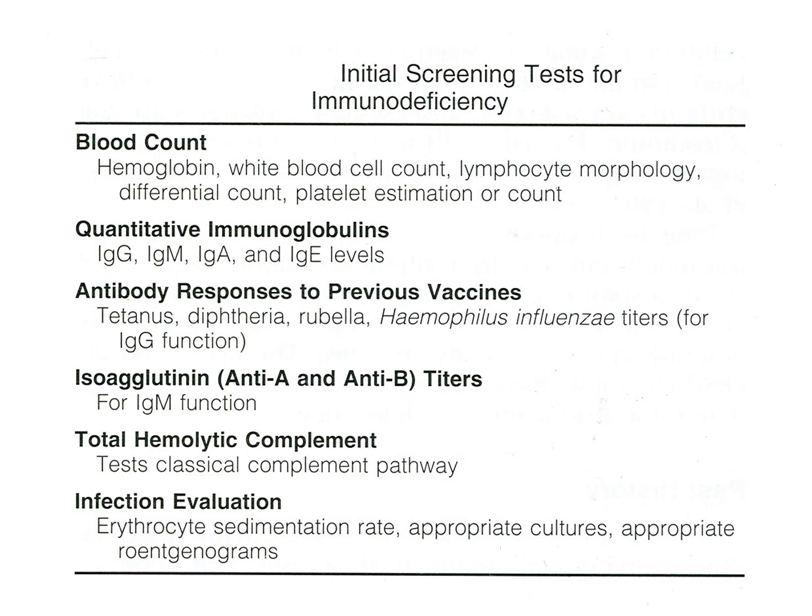So testing for titers, isohemagglutinin, anti-A and anti-B titers, total hemolytic complement, okay, so complement assay, and infection evaluation like ESR, cultures, and roentgenograms. So testing for the presence of infection.